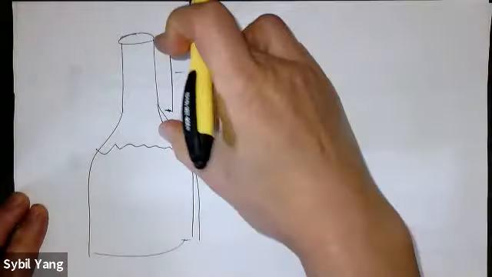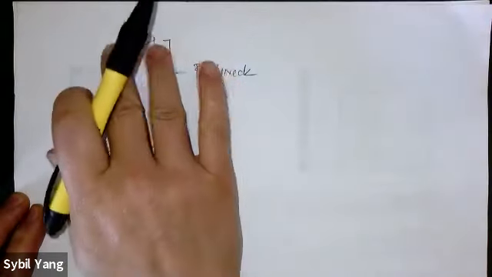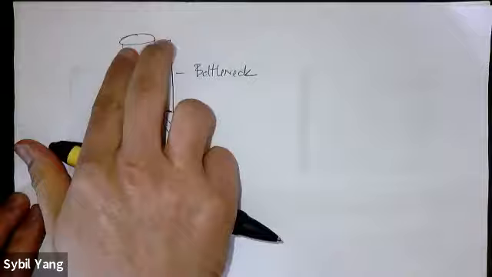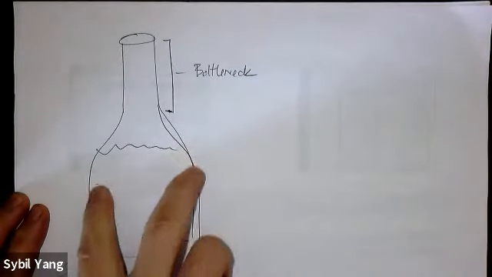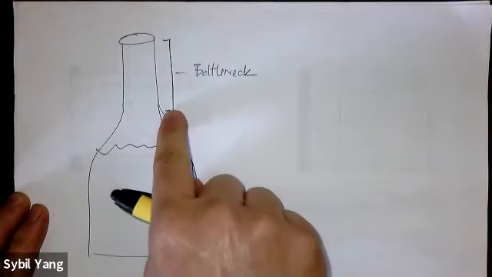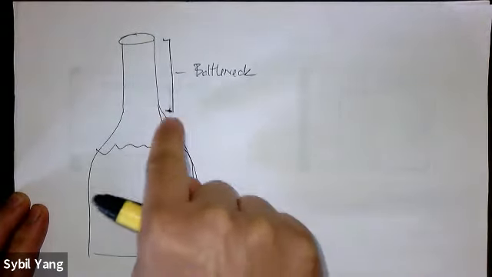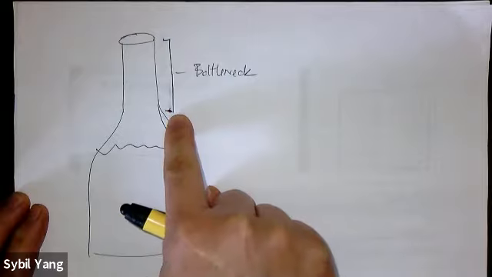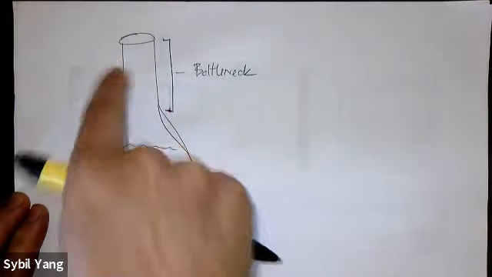If I didn't have this neck with a smaller diameter, then all the liquid could pour out of the bottle really, really quickly. So by putting a bottleneck onto the bottle, I constrict the flow of the liquid out.